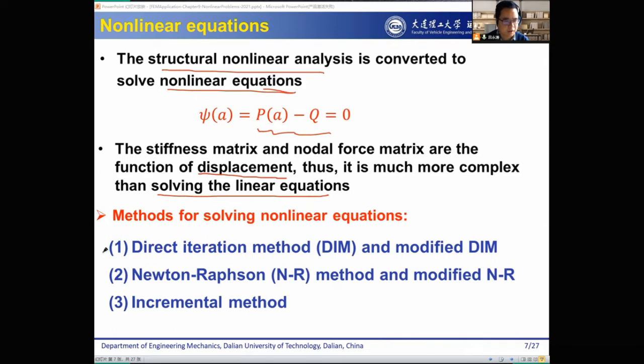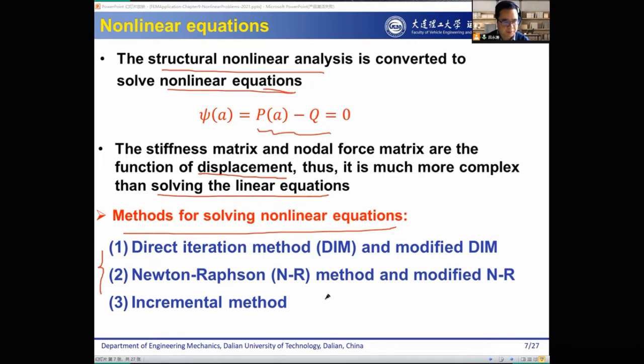Here I list several methods for solving the nonlinear equations. If you use software, you will notice many times the software asks you to choose which algorithm or method you should use for your analysis, so it's very good to understand those algorithms. At least you should understand the key idea of each.